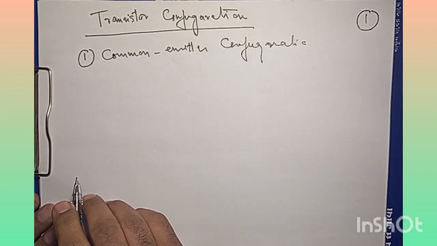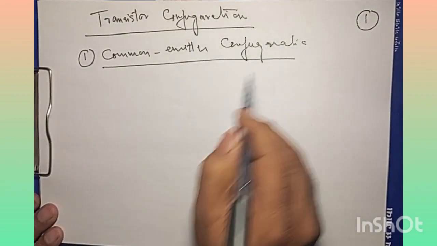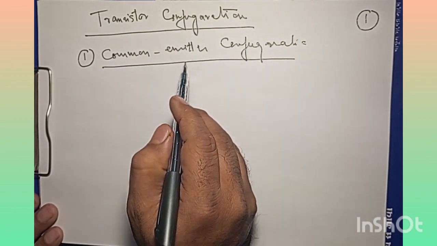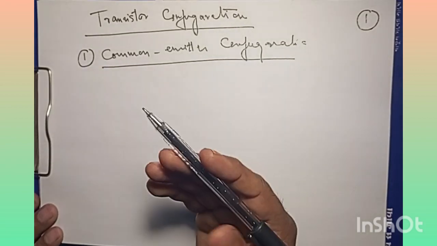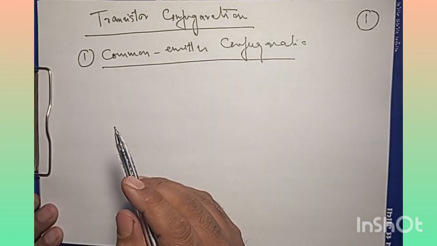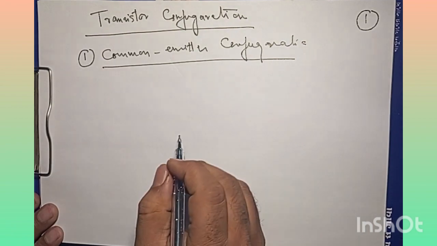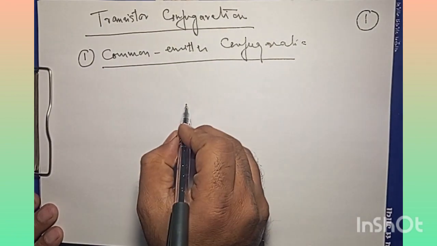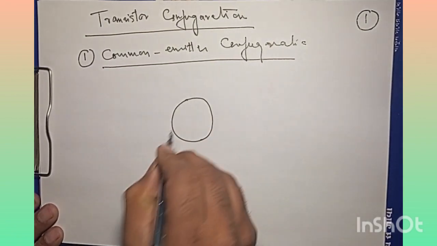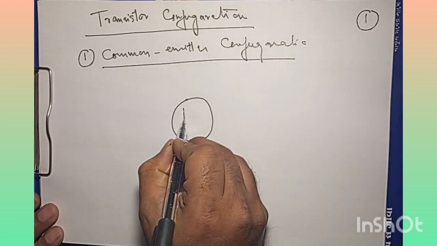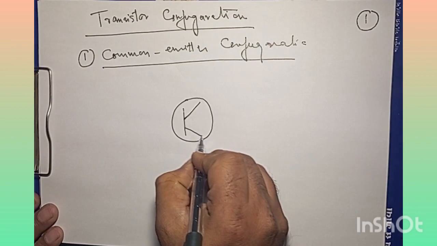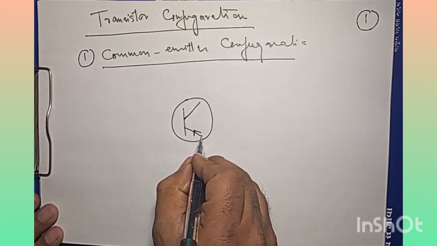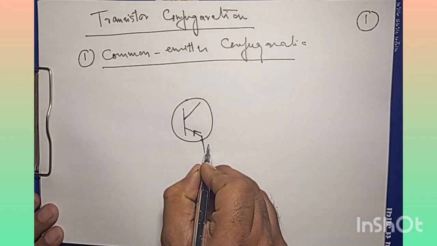In this configuration, what is important is that the emitter terminal of the transistor is common between the input and output circuits, right? So if I have to go for this configuration, I would like to have a transistor, and let me assume that we make use of a PNP transistor, and this will be its emitter.